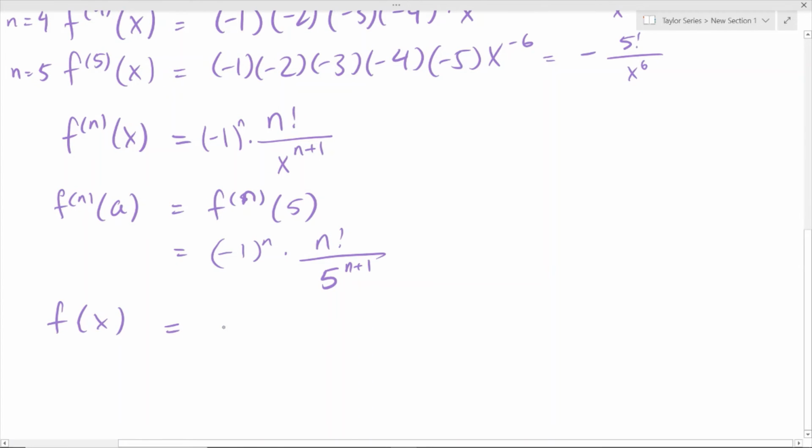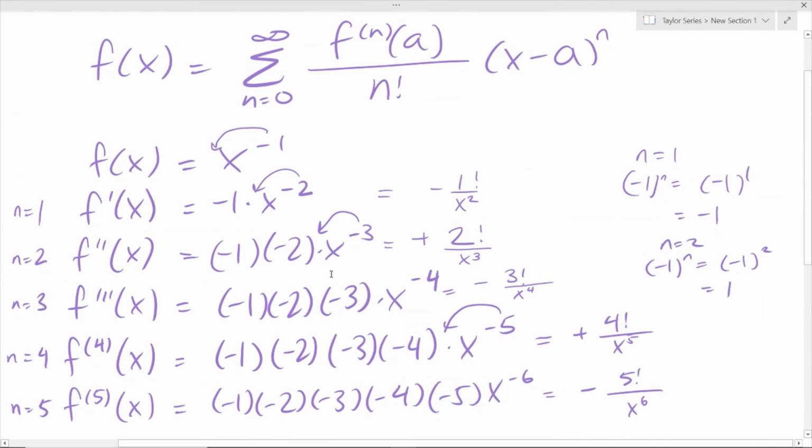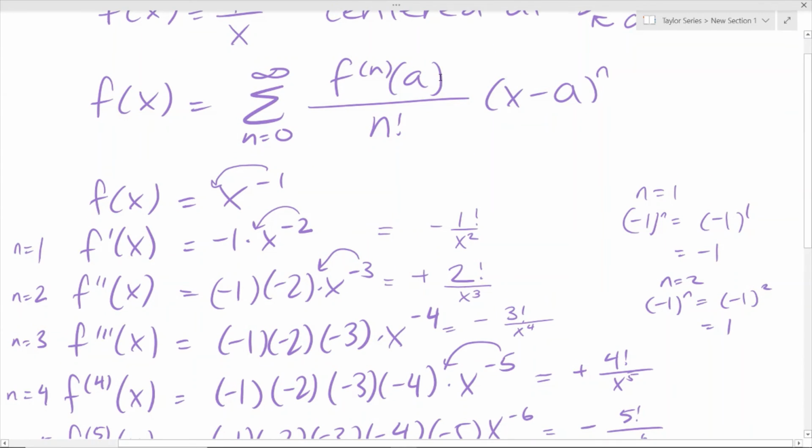So we're going to write in the summation, just like that. And we plug this in: negative 1 to the exponent of n times n factorial over 5 to the exponent of n plus 1, okay? This whole thing, in these brackets, I bracket it the same as this numerator.